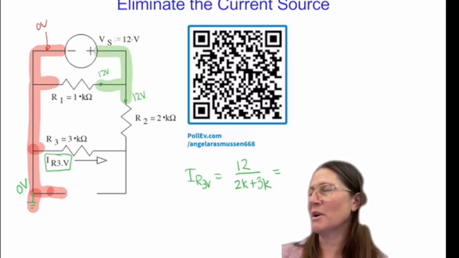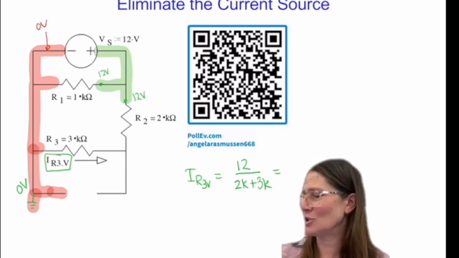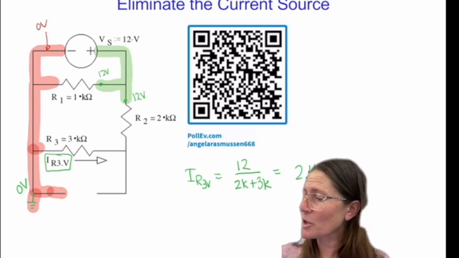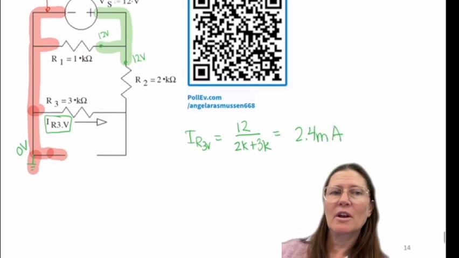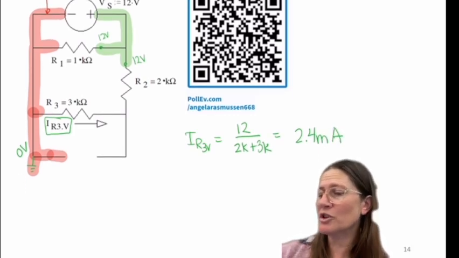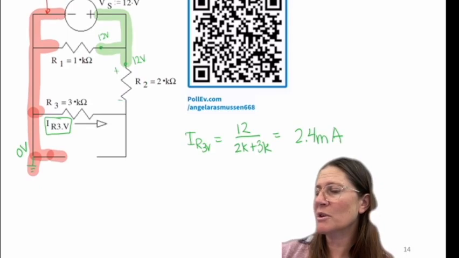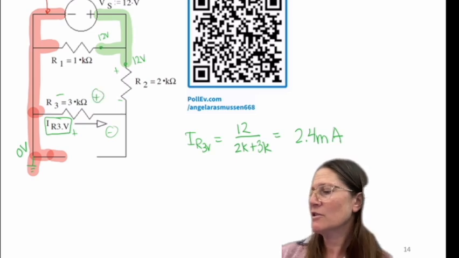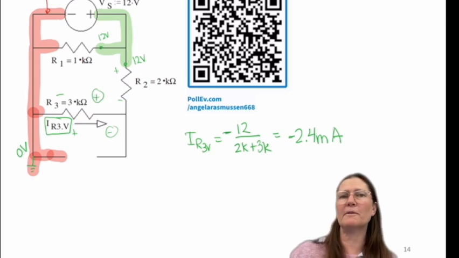So 12 divided by 5 was that 2.4? Yeah, 2.4. Okay, so now question is, where did the negative come from? Because the voltage is going to be in this direction, these are going to be opposites. So it would be a negative of that, a negative 2.4.